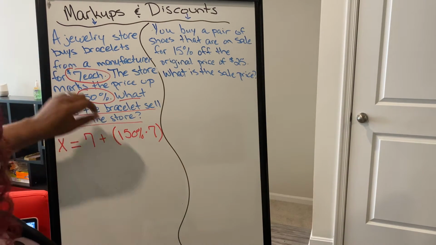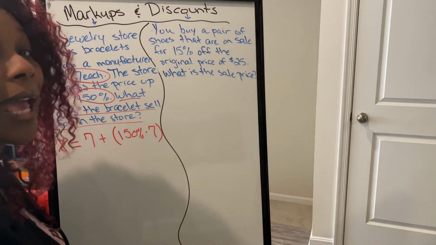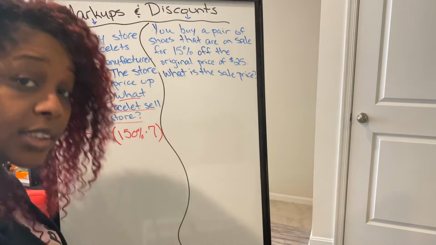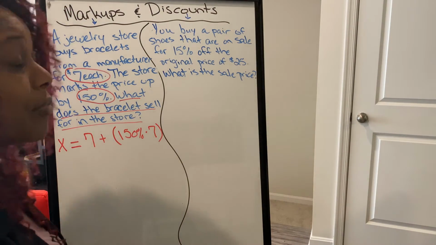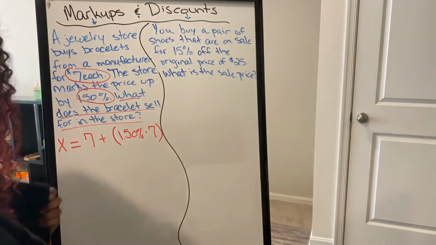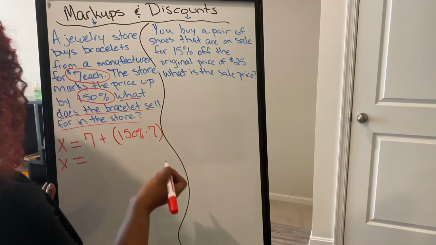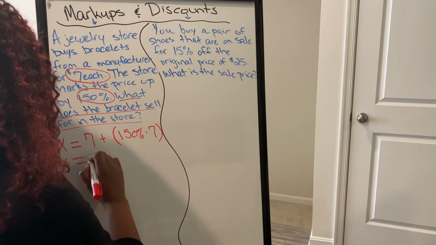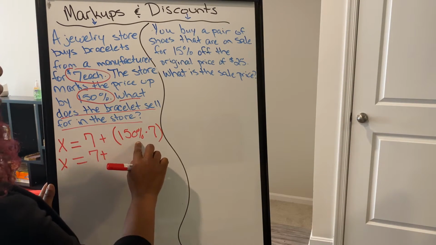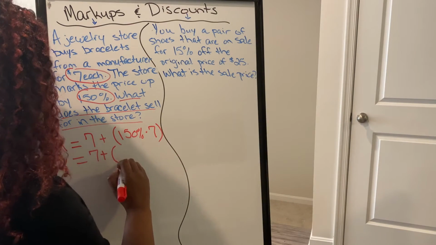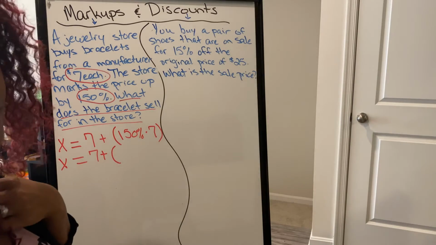Because what you got to do is you got to multiply this times this in order to get how much more the customer is going to pay than the store owner paid. Okay? So let's keep going. We're going to keep it in line. 7. So when I do 150%, this has 3 numbers, right?